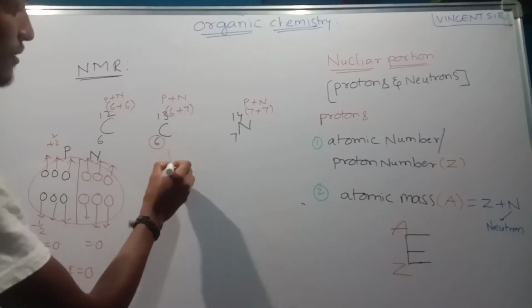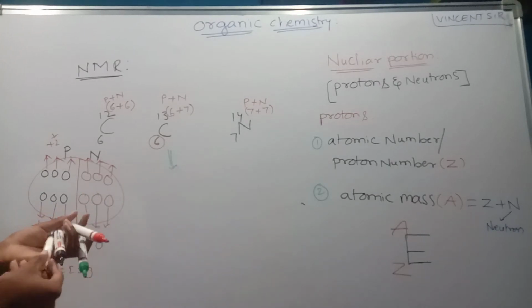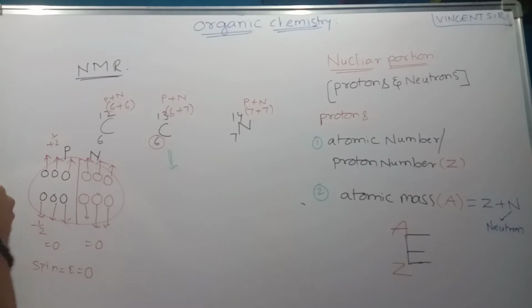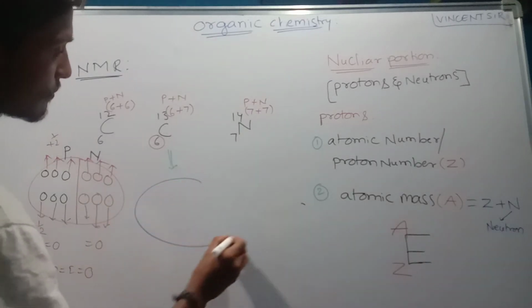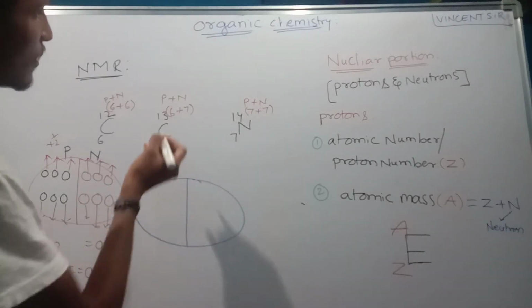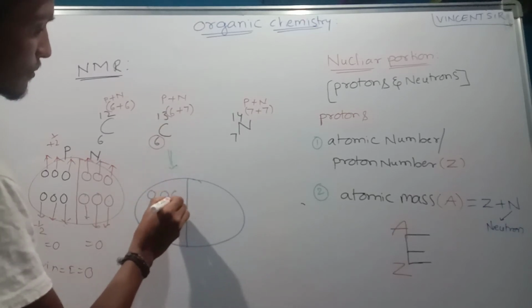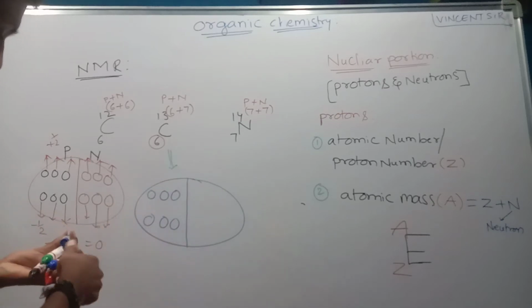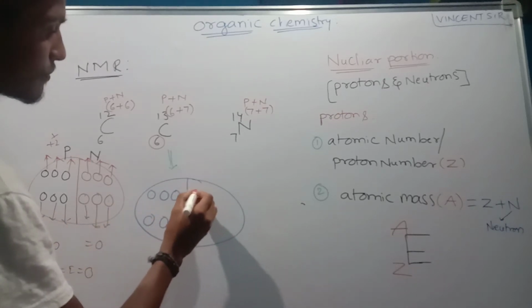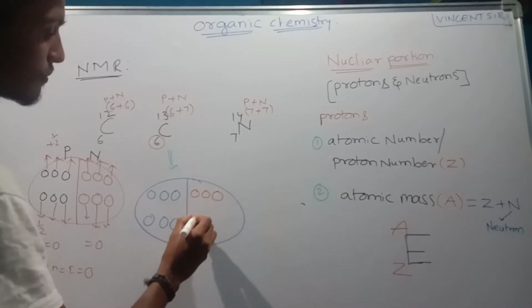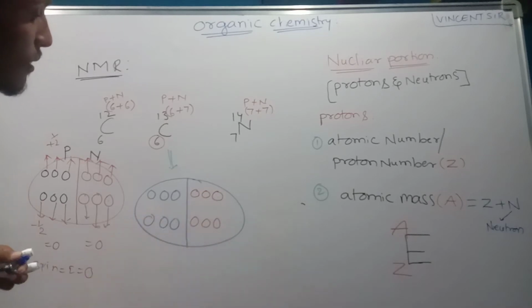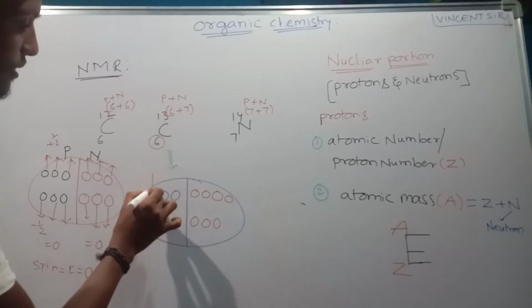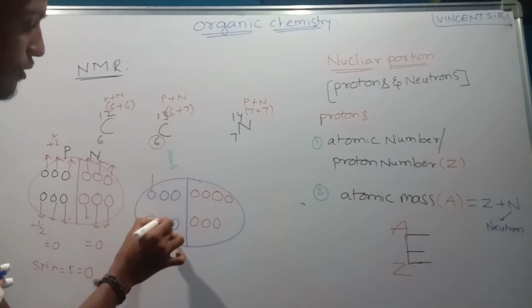Now consider this. The number of protons is 6: 1, 2, 3, 1, 2, 3, that is 6.